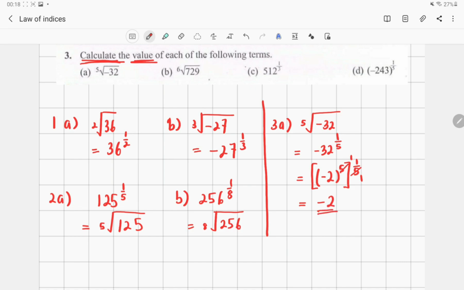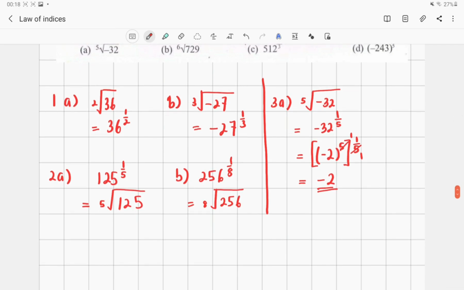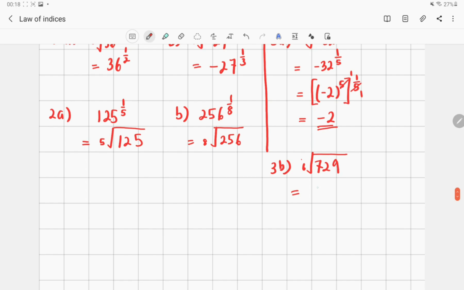You get it? Okay, we try another example. Question 3b. What is the value? First we have to convert it into index form, the sixth root, so 1 over 6 to the power of 1 over 6. Make sure you write the index properly, 1 over 6. Here you have to think what value, when to the power of 6, gives this number. So it will be 729.